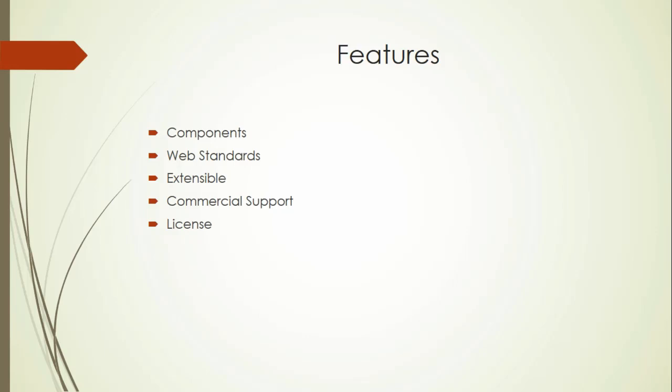It is an official product of one company called Durandal Inc., and the proprietary rights for Aurelia are owned by Durandal Inc. Then comes the license. Aurelia is an open source project and it is licensed under the MIT license.